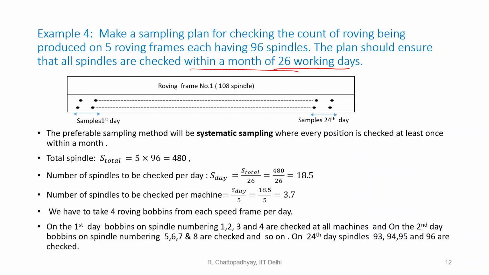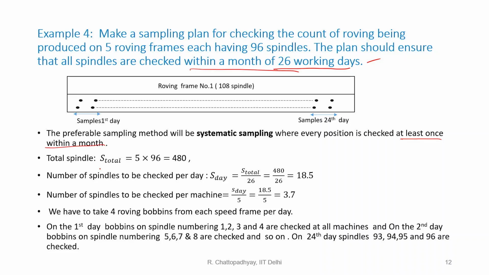Factories actually work 24/7 or 365 days. But anyway, this is what has been stated in this particular case. So how to go about it? The preferable sampling method will be systematic sampling, where every position is checked at least once within a month.